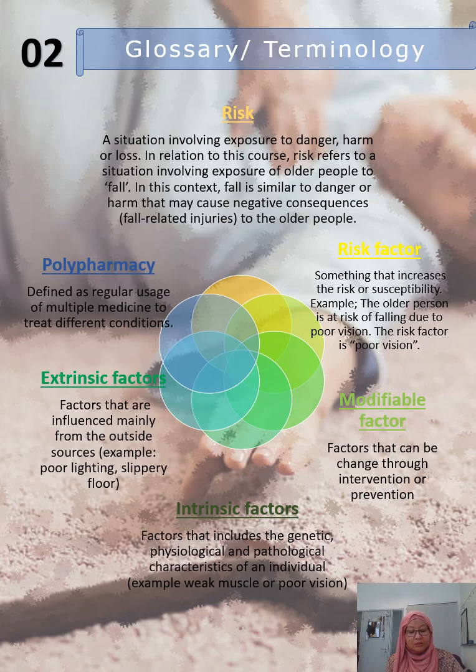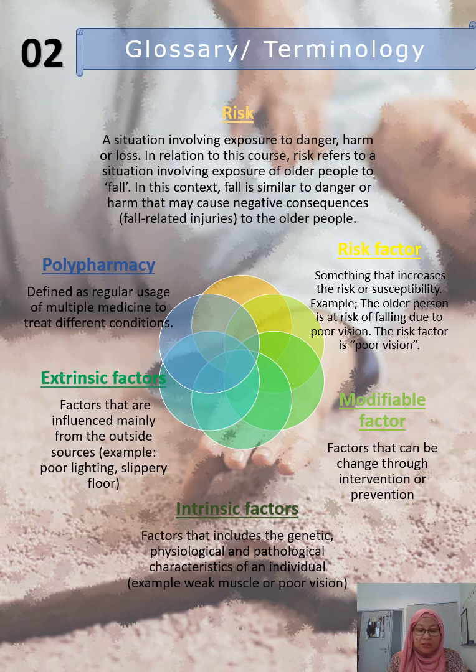In relation to this course, risk refers to a situation involving exposure of older people to fall. In this context, fall is similar to danger or harm that may cause negative consequences, that is, fall-related injuries, for example, to the older people.